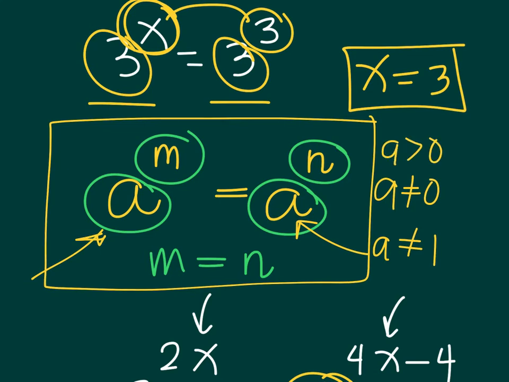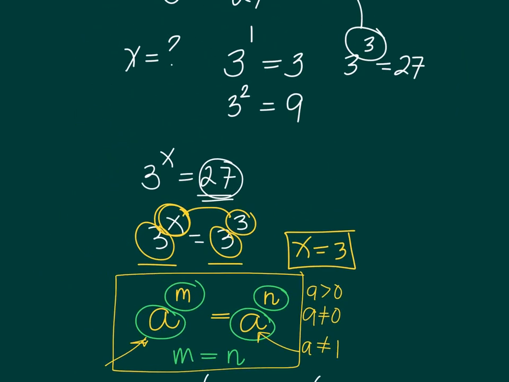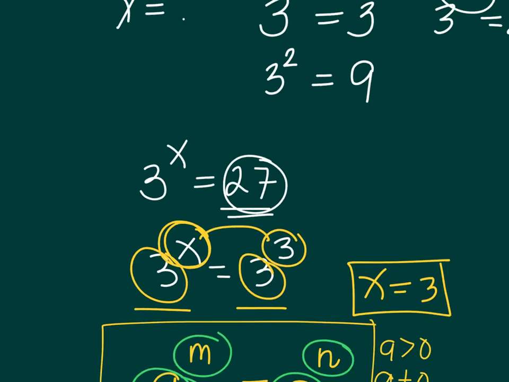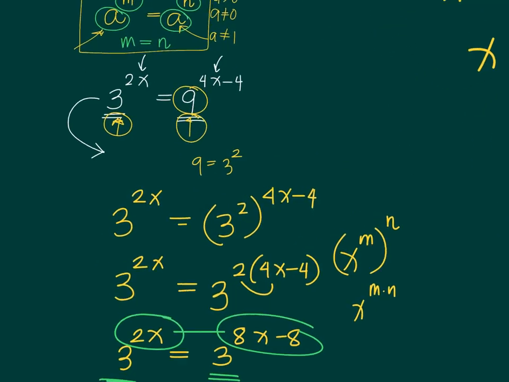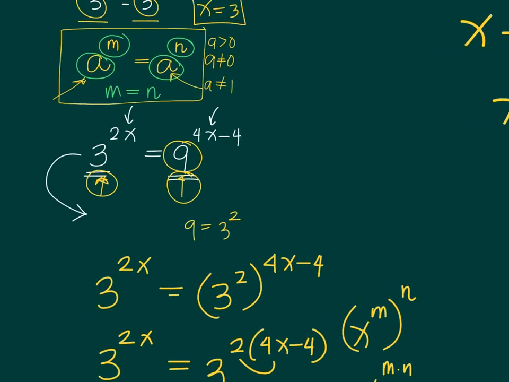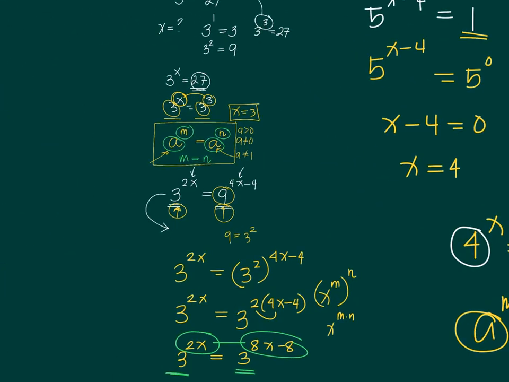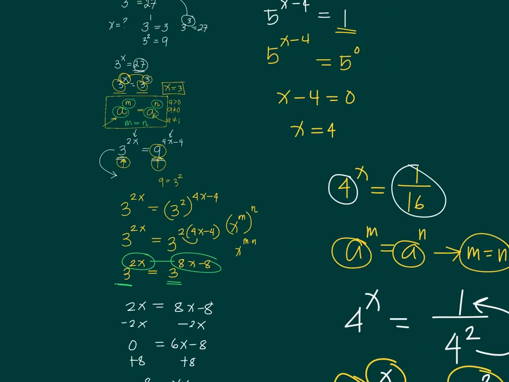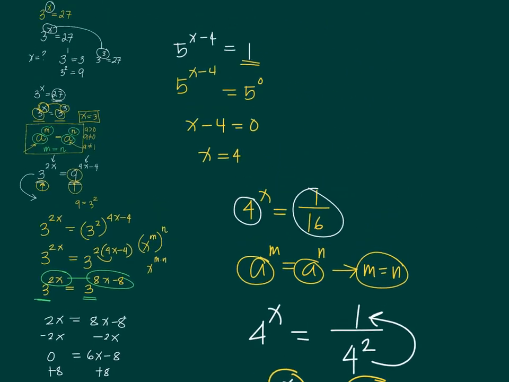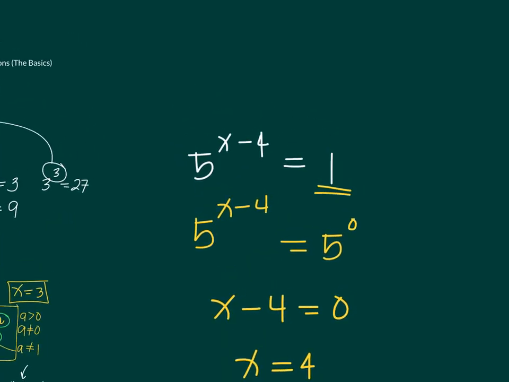Okay, but in general, if you are given equations such as 3 to the x equals 27, or say 3 to the 2x equals 9 raised to 4x minus 4, and even equations like 5 to the x minus 4 equals 1, they all use the same idea that we can relate the exponents as long as the bases are the same.